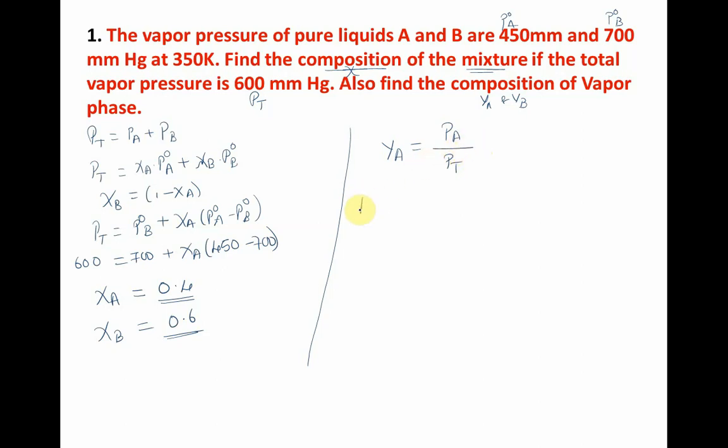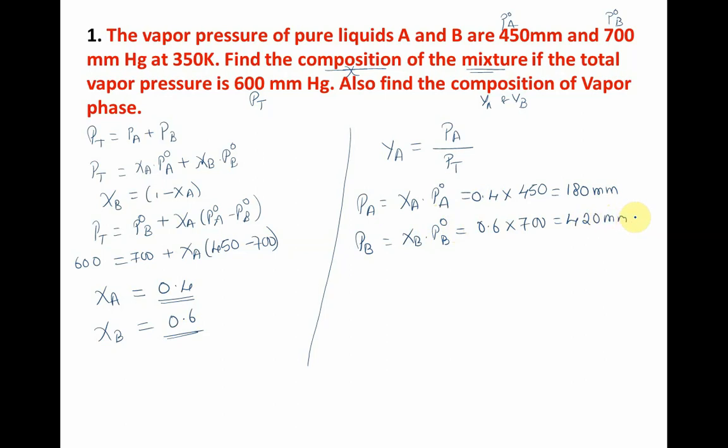PA is always equal to mole fraction of A into P naught A. Mole fraction of A is 0.4 into 450, which is equal to 180 mm of Hg, and PB is equal to XB into P naught B, which is 0.6 into 700, equal to 420 mm of Hg.